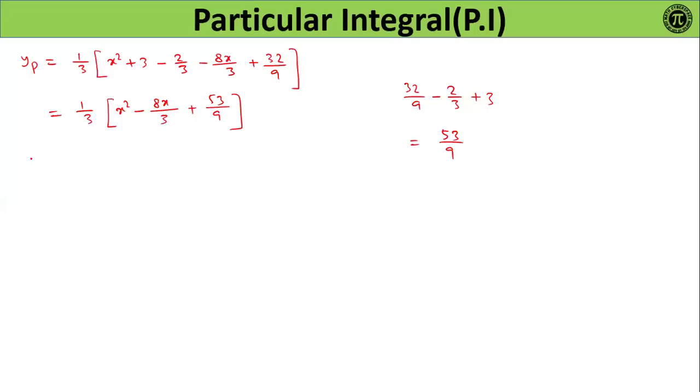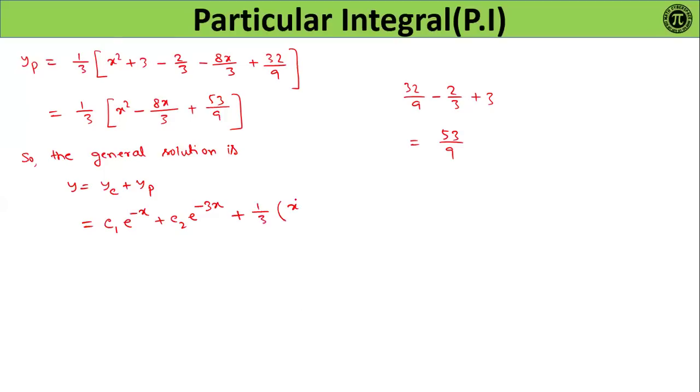So the general solution is y is equals to yc plus yp. So this is equals to, what is yc? c1 e to the power minus x plus c2 e to the power minus 3x plus 1 by 3 x square minus 8x by 3 plus 53 by 9.